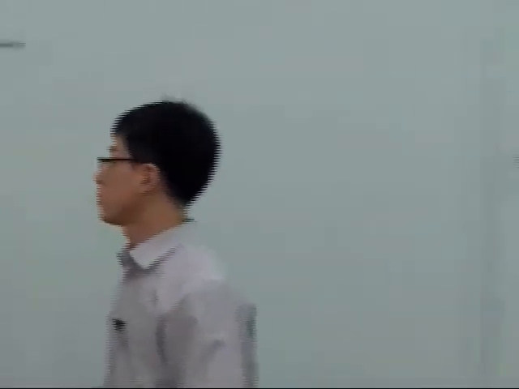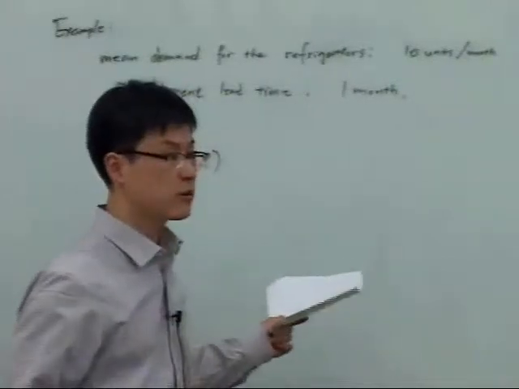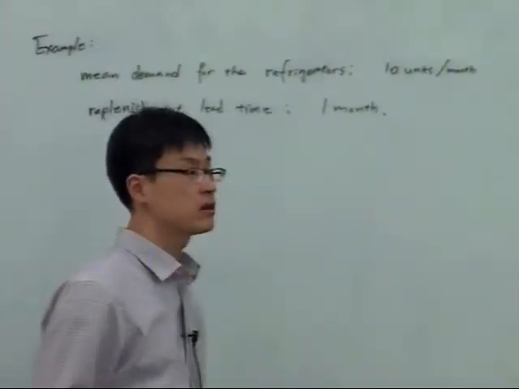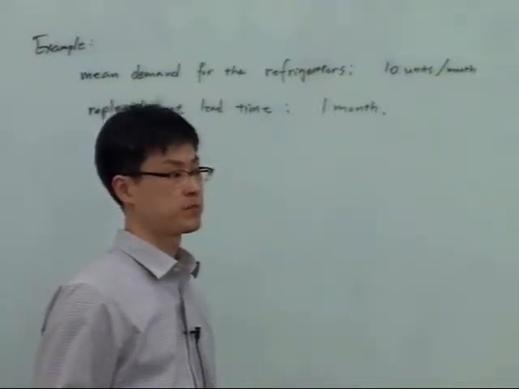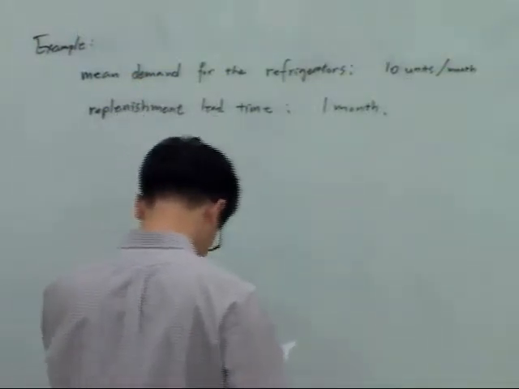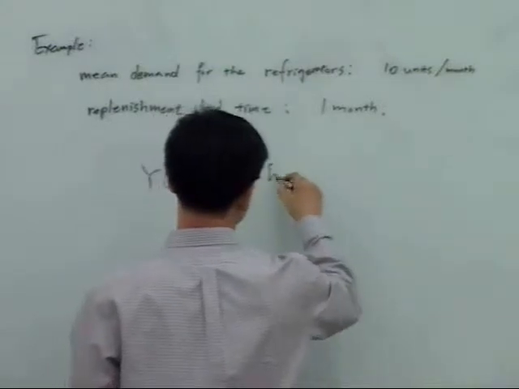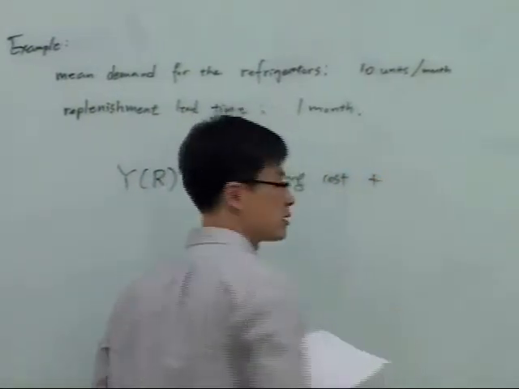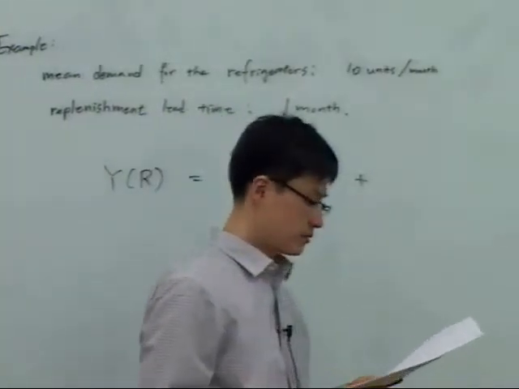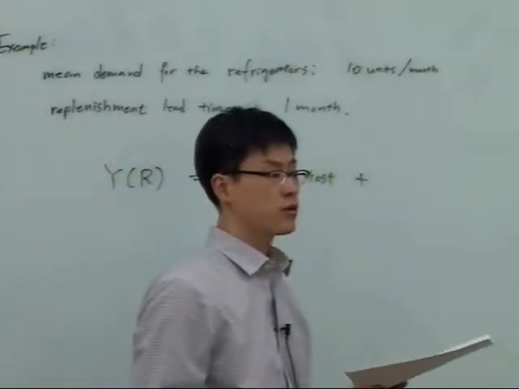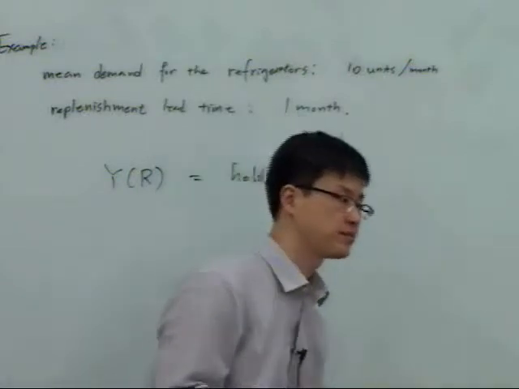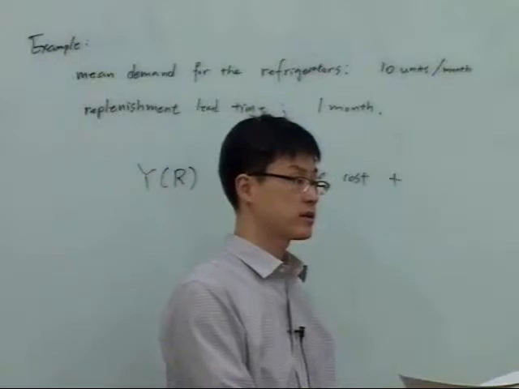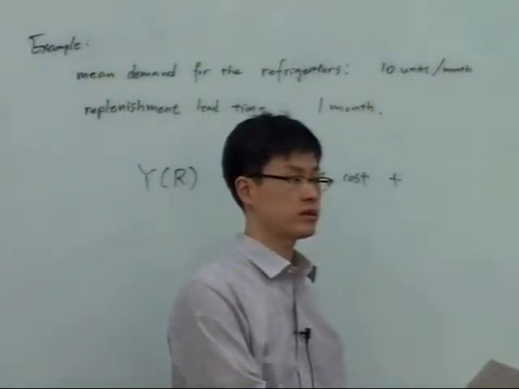The reason we calculate the total cost is always to find the optimal R. In the EOQ model, it's inventory cost plus ordering cost plus production cost.